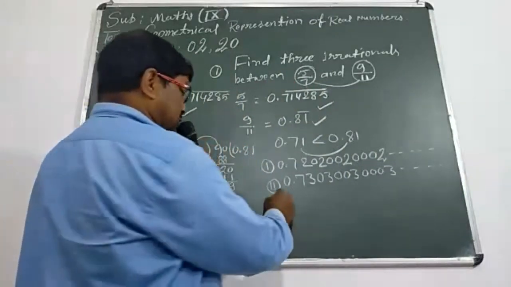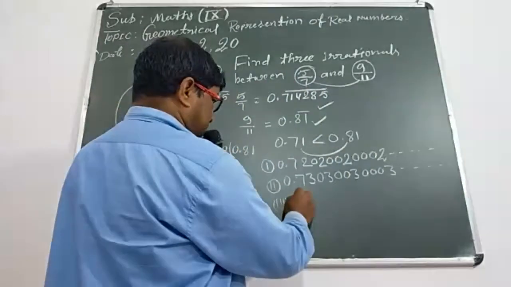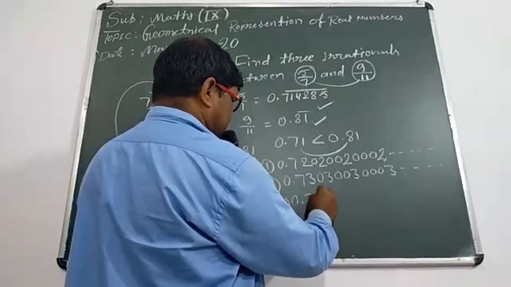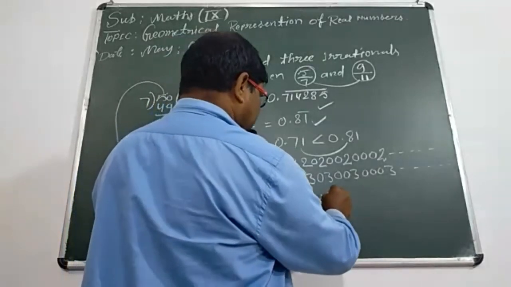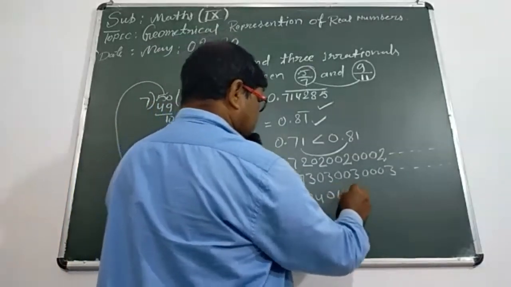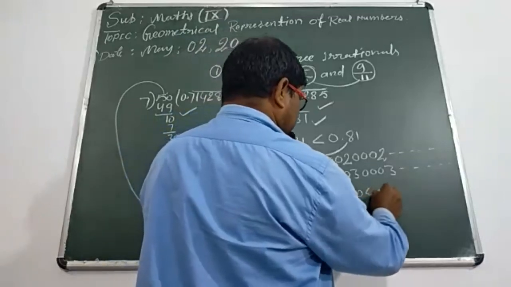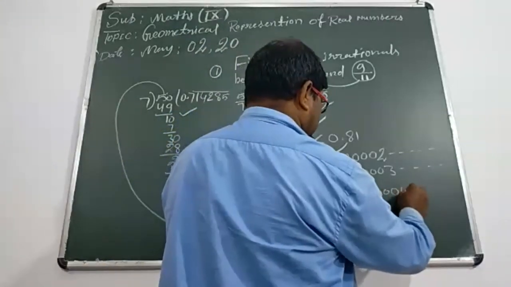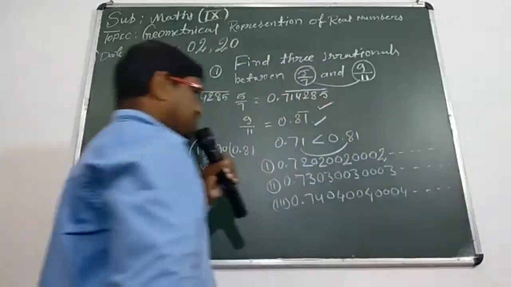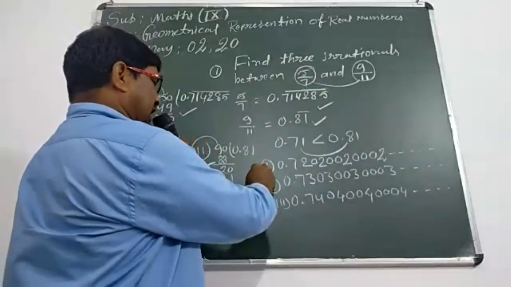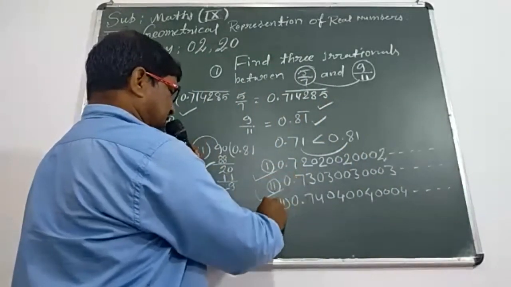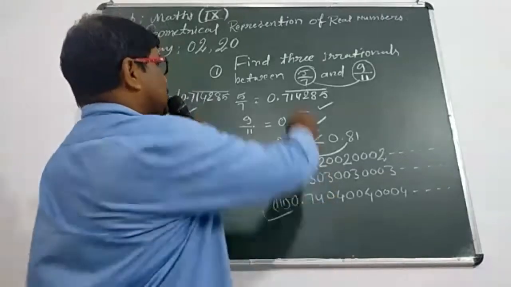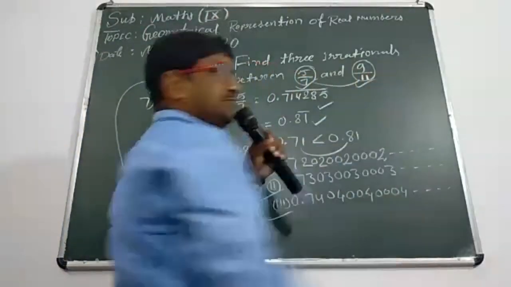Now the third number we can write in this way: 0.74, 0.7404000 dot. In this way we can find irrationals between two rationals.